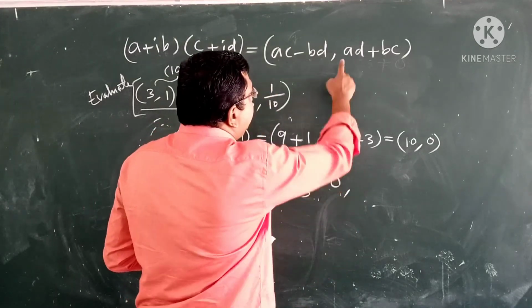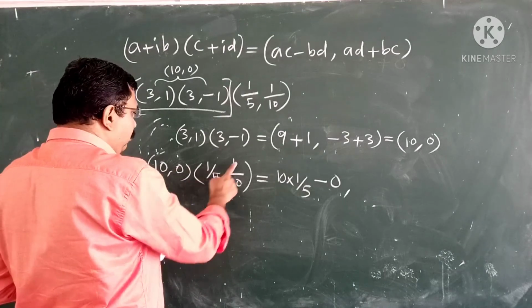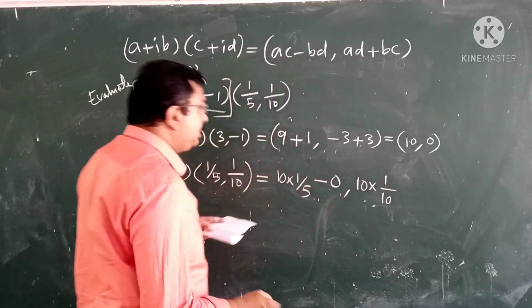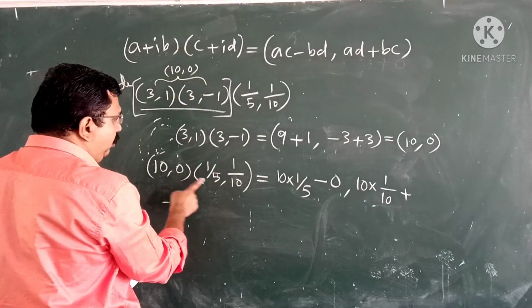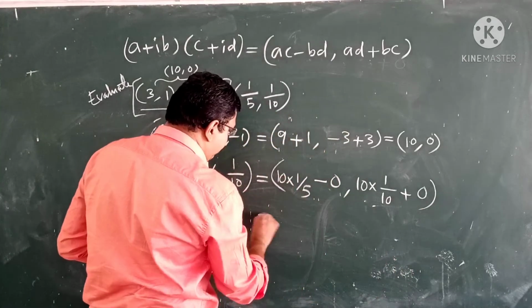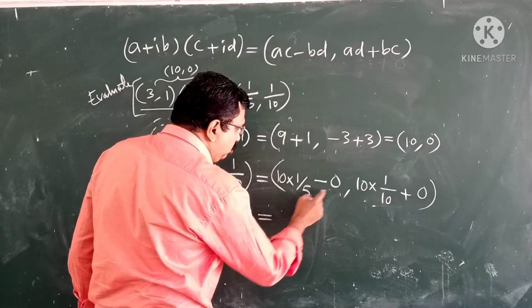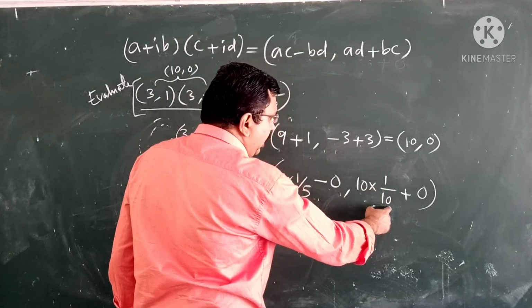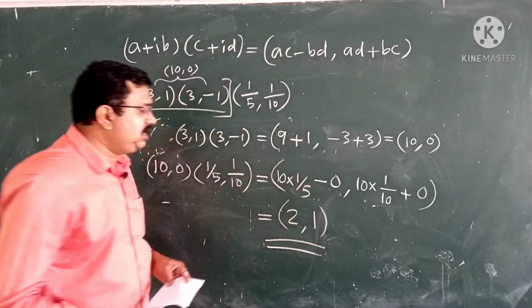Next one is a into d, that is 10 into 1 by 10, plus b into c, that is 0 into 1 by 5, that is equal to 0. Therefore, my answer is 10 into 1 by 5, which is 10 divided by 5 is 2, 2 minus 0 is 2, comma, 10 into 1 by 10 is 1, plus 0 is 1.